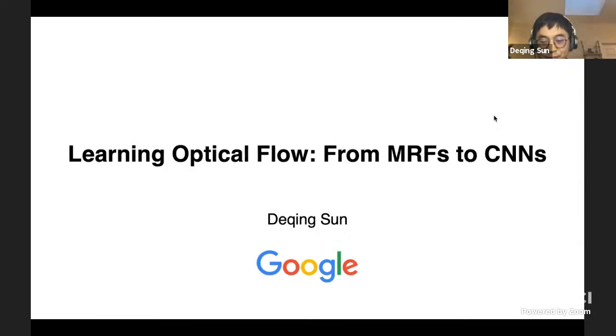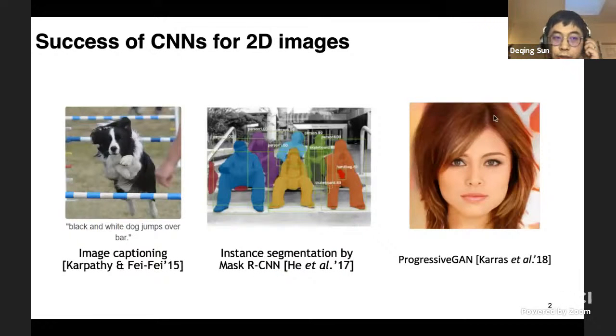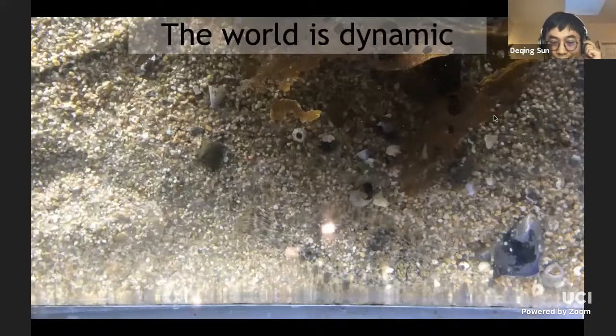In the past few years, neural networks have had great success in 2D image understanding, for example image captioning, instance segmentation, or Progressive GAN for face generation. But despite the success, the world is actually a dynamic world.